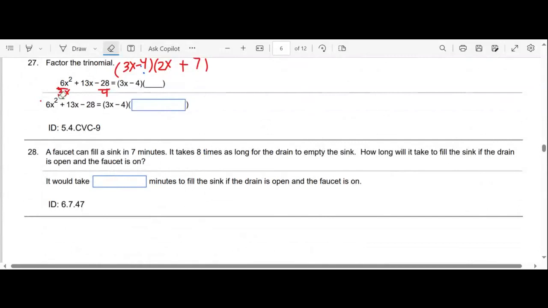Next, factor the trinomial 6x squared plus 13x minus 28. Okay, this is by trial and error. He's telling you the first parenthesis is 3x minus 4.